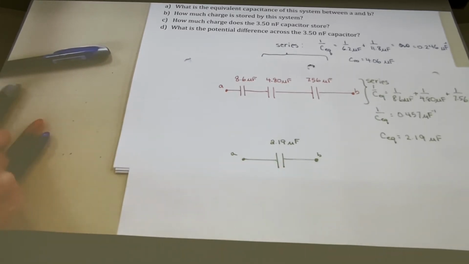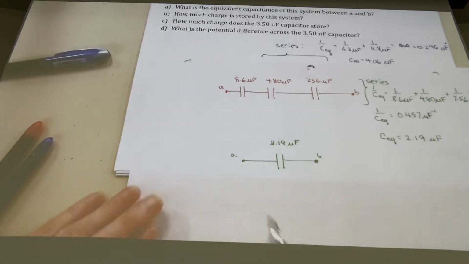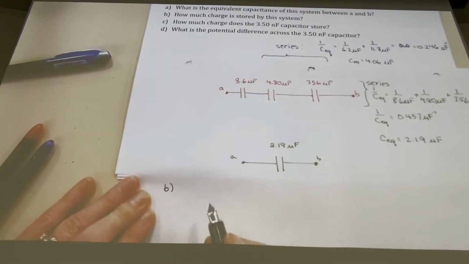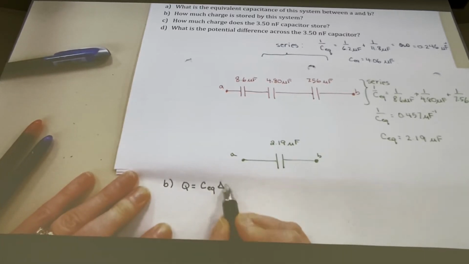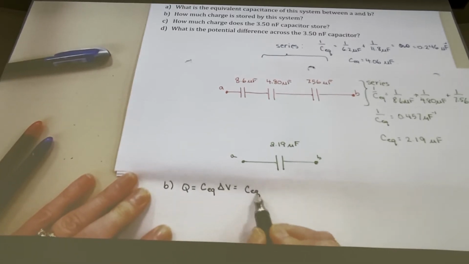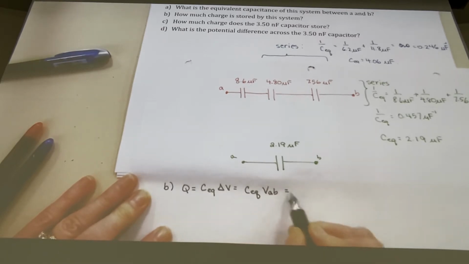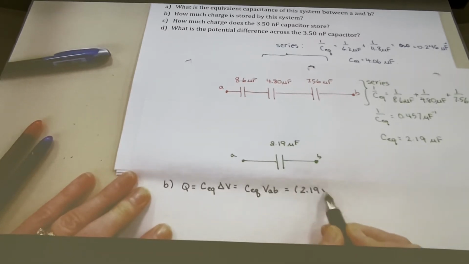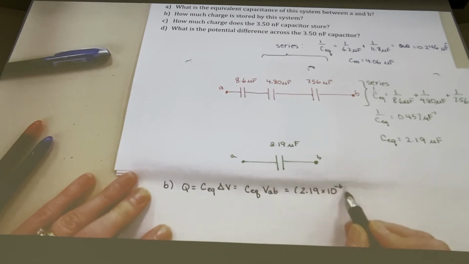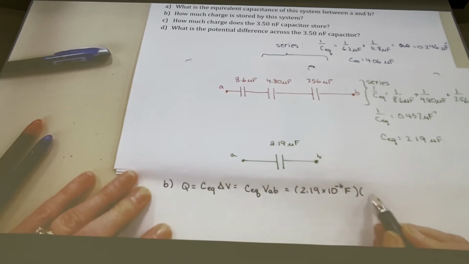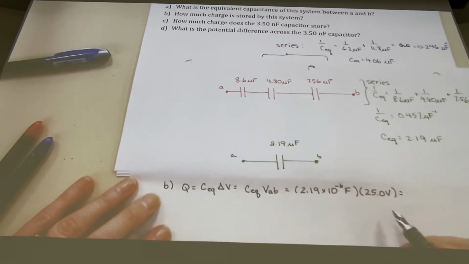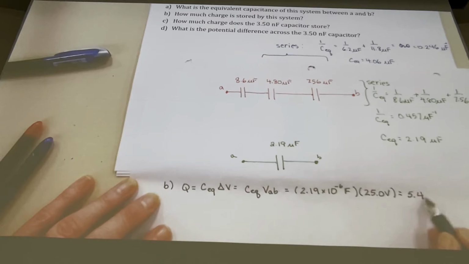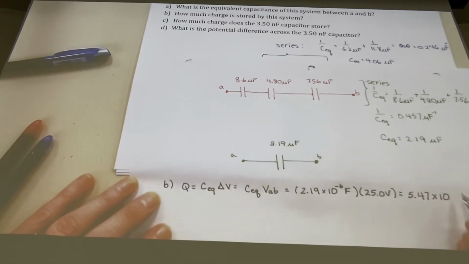So part B, we know that Q, our net charge, is C equivalent times delta V. Delta V means the potential difference across points A and B. So I've got 2.19 times 10 to the minus 6 farads times my potential difference, that was 25 volts, gives me a net amount of charge 5.47 times 10 to the minus 5 coulombs.